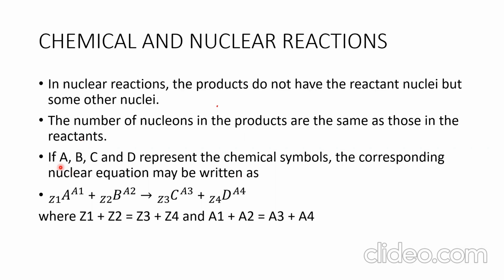For example, if A, B, C, D represent chemical symbols, the corresponding nuclear reaction may be written as: Z1 A1 means the atomic number of element A is Z1, that is, the number of protons is equal to Z1, and the mass number is A1, that is, the number of protons and neutrons is equal to A1, plus Z2 B A2 gives, after the nuclear reaction, new elements Z3 C A3 plus Z4 D A4.